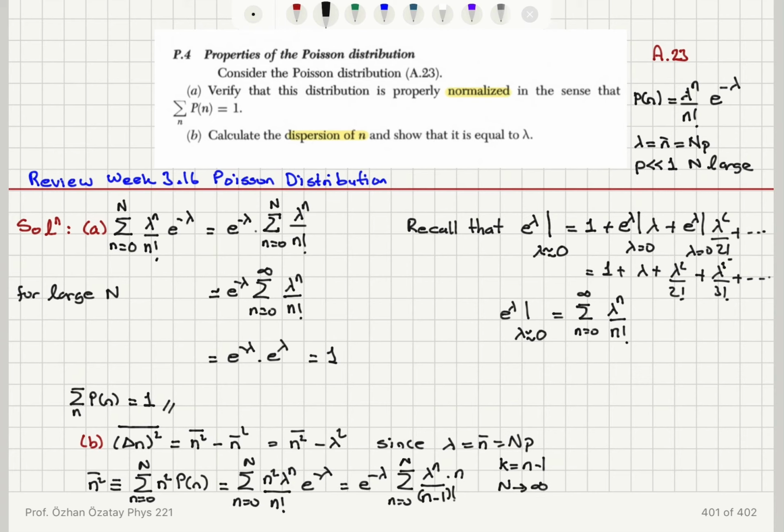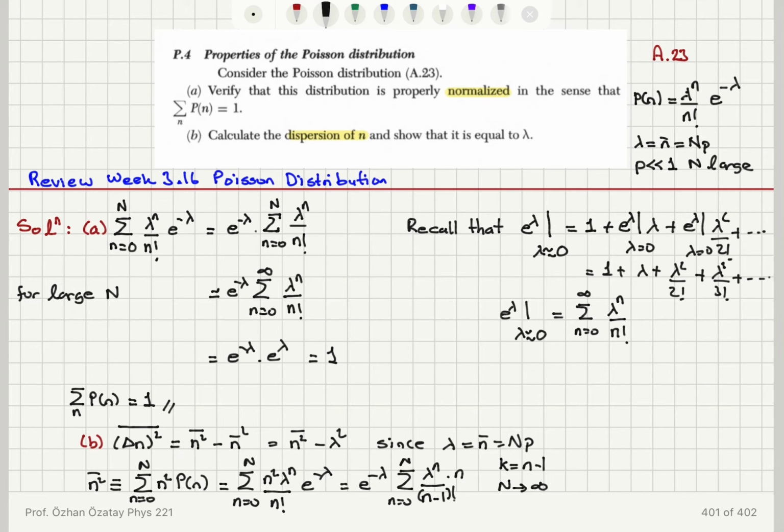The total summation from n equals 0 to capital N over all possible values of n, if I take out e to the minus lambda, what I have here is the expansion of e to the lambda for lambda small. It's to capital N, but since capital N is large, we can approximate that to be infinite. So this becomes e to the minus lambda times e to the plus lambda, which is 1.